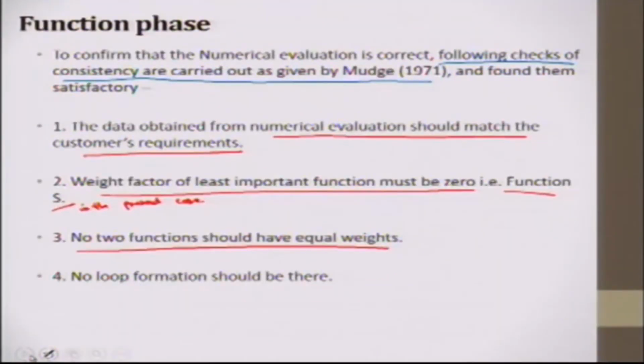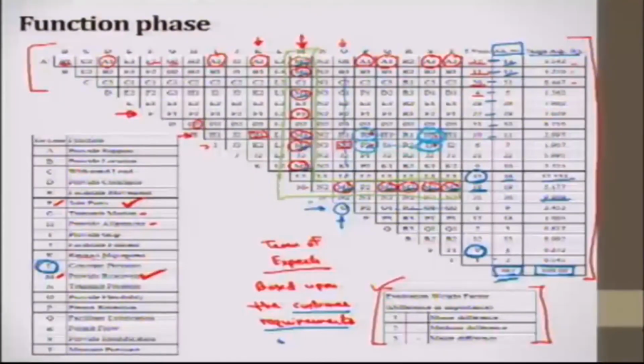So these are certain checks for our correct numerical evaluation. Actually we added 1 here because we will use this as a factor somewhere, and if we use 0, 0 by the total would be 0 contribution. This function S has least contribution, that is 1 by 367, and we do not want any function to have 0 contribution.